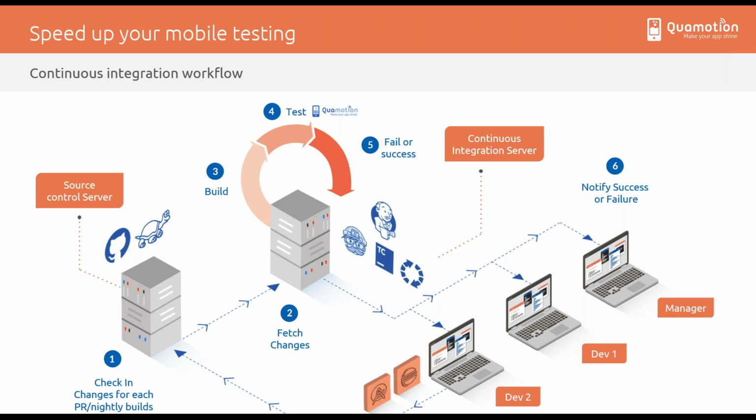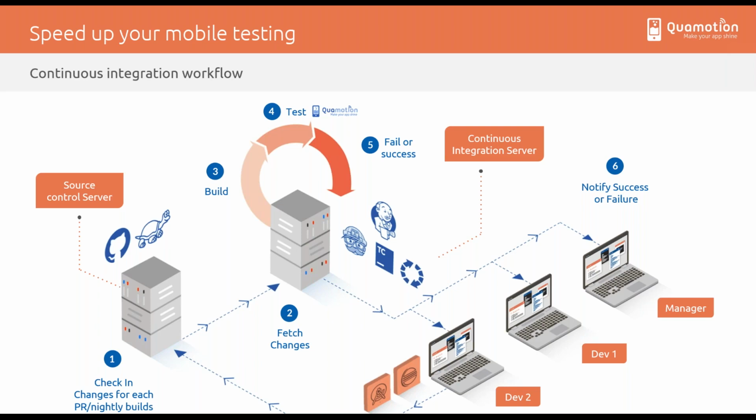In the meantime, you can have some QA testers who will create the tests on Quamotion and maybe run those tests afterwards. But what we'll see is how it works, that you have different steps within the continuous integration workflow. You have the developers, they are building the application, they are coding.